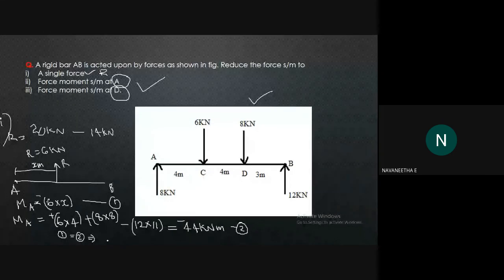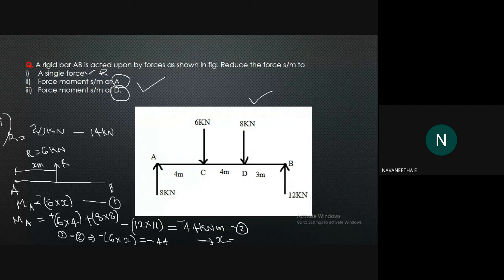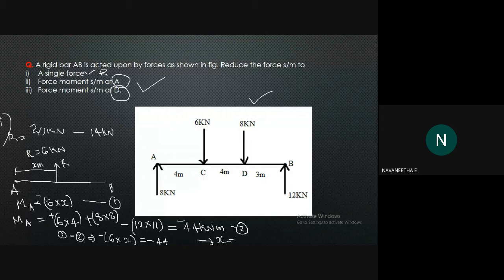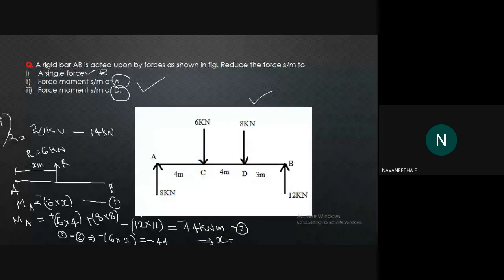So negative 6 into x equal to negative 44. So what is the value of x here? x equal to 44 divided by 6. What is the value? 7.33.